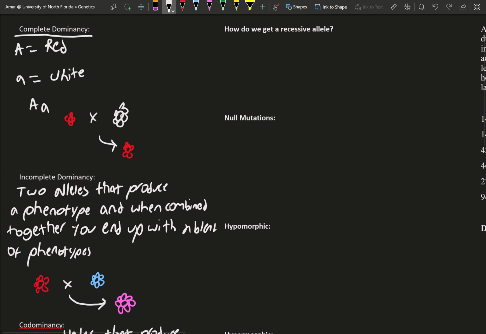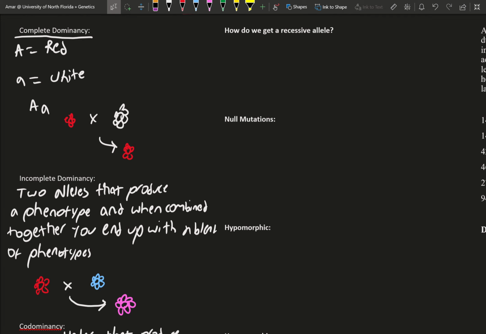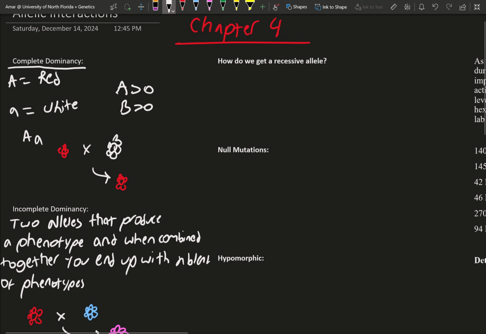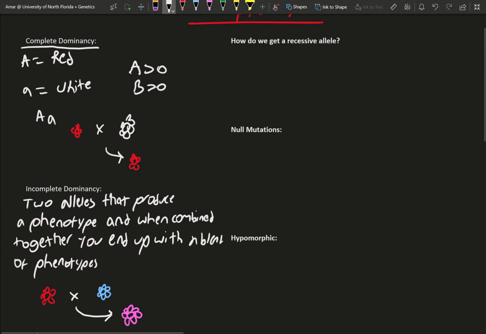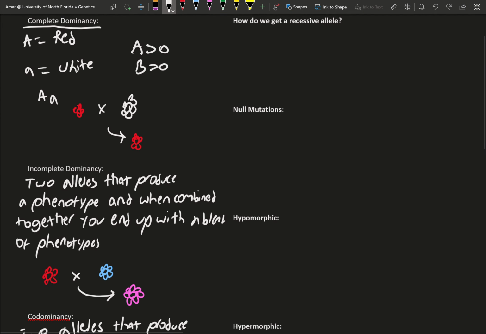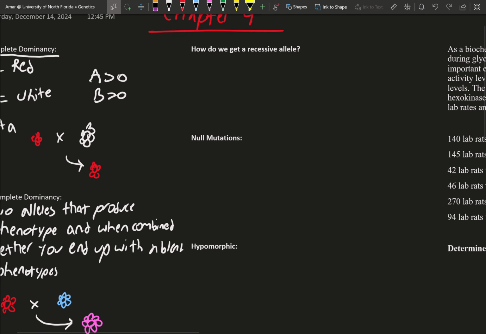There's no incomplete dominancy for blood type. And then for complete dominancy, A is completely dominant to O, and B is also completely dominant to O as well. So you can refer to that part of your textbook for some more practice on that. Hopefully that made sense.